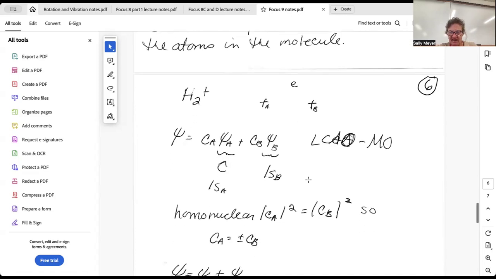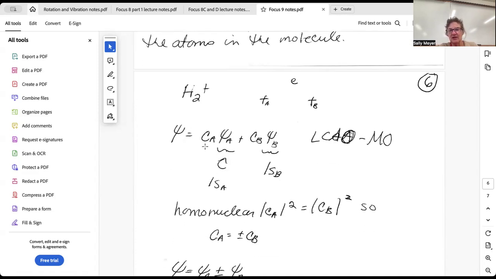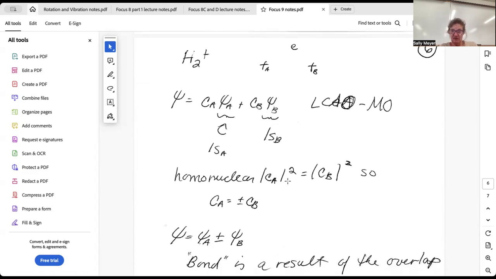So when you add it together, you can vary other parameters besides cA and cB. There are parameters within the wave function you could also vary. And if you take 367, we'll actually do this calculation ourselves and see what that means. If it's homonuclear, though, the c's have to be the same.